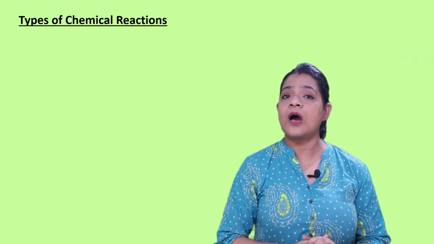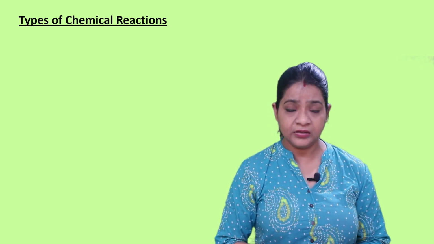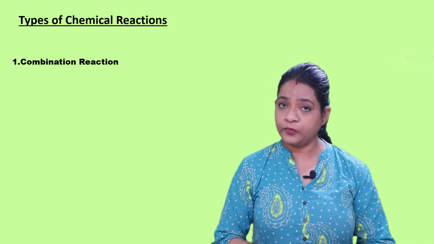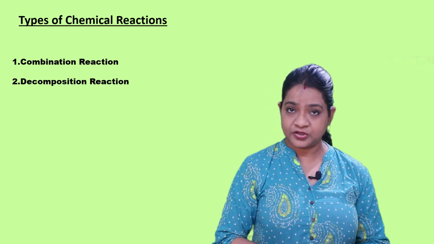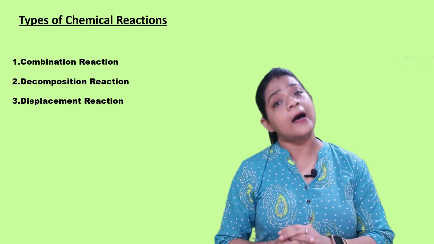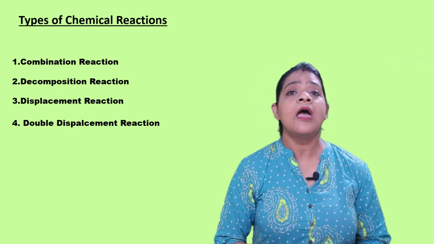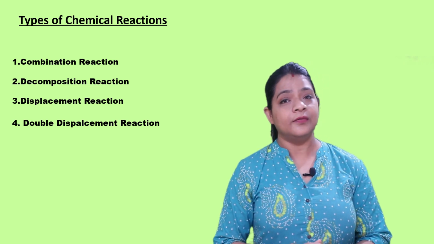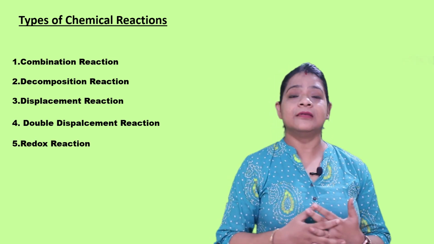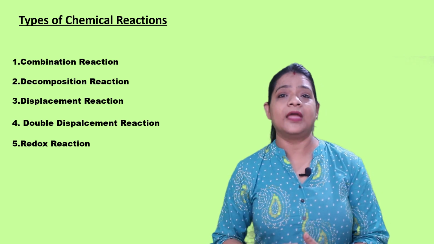The first one is combination reaction. Then comes decomposition reaction. The third one is displacement reaction. The fourth one is double displacement reaction. And the fifth, the last one, is called redox reactions. So let's learn them one by one.